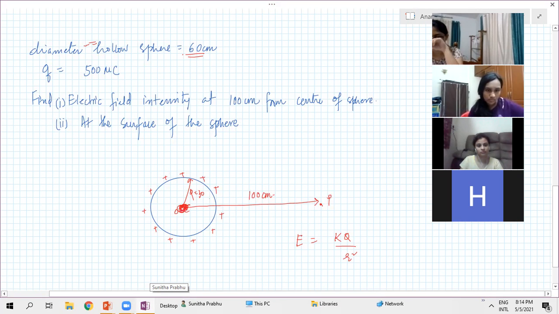You're collapsing the dimension of the sphere. Let it be like a basketball, football, doesn't matter. You collapse it and take it as a point charge. As far as the distance R is concerned, you take it from the center of the sphere. So yes, R has to be 100 centimeters.